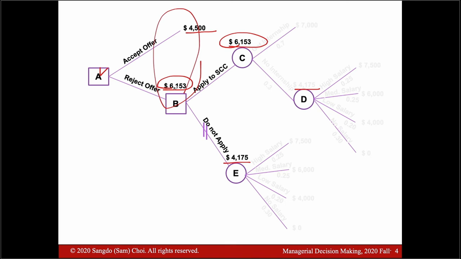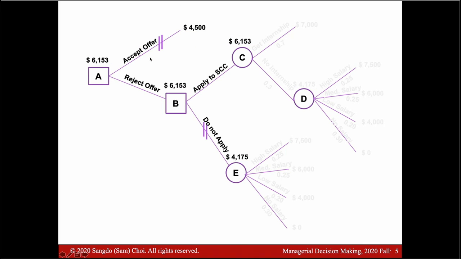Actually this number is better. That's why you can write 6,153 here, and you have to prune the other. Finally, this is your conclusion.